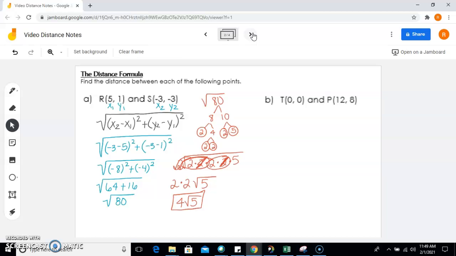For letter B, we're going to do the same thing here. x1, y1, x2, and y2. We're just still plugging into the same formula. 12 minus 0 squared plus 8 minus 0 squared. 12 minus 0 is 12 squared plus 8 minus 0 is 8 squared.